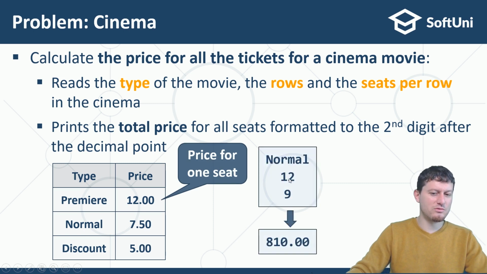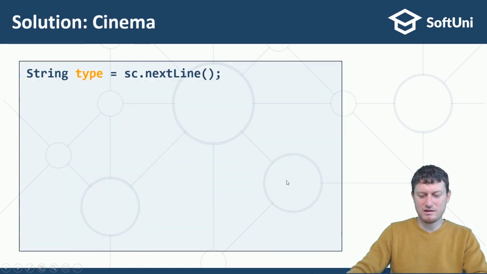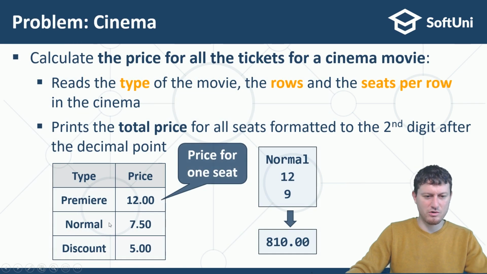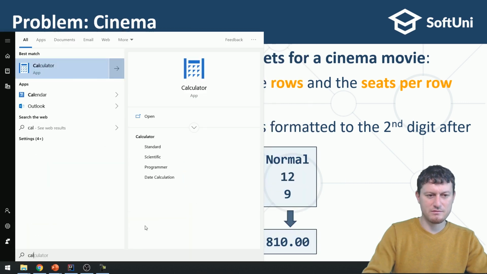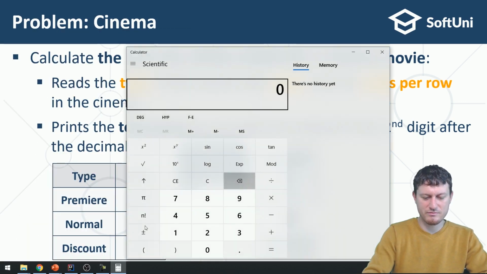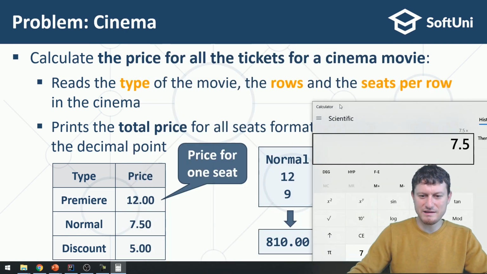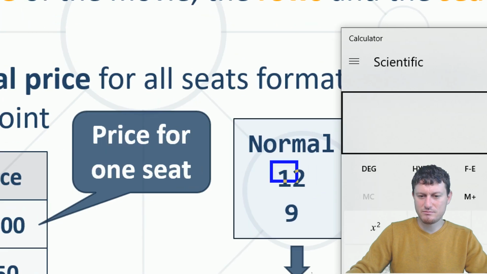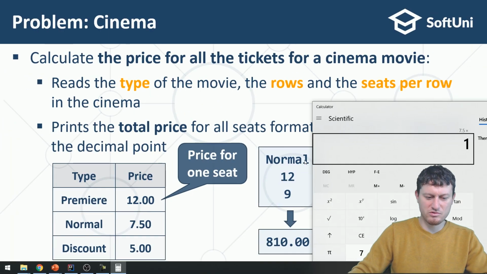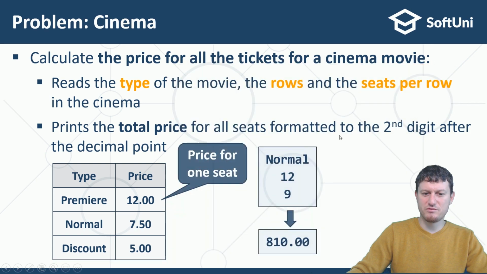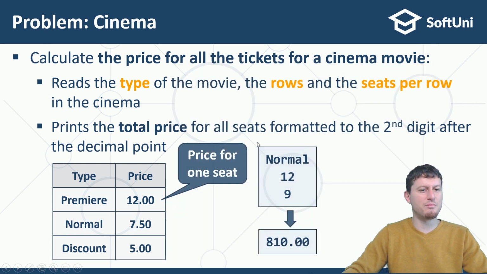So this is price for one seat. So if we have normal 12 rows and 9 seats per row, we have normal 7.5 multiplied by 12 multiplied by 9, it is 810.00, and the output should be formatted with 2 digits after the decimal point.